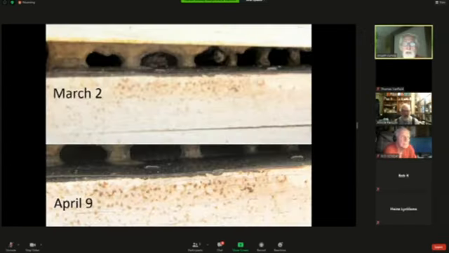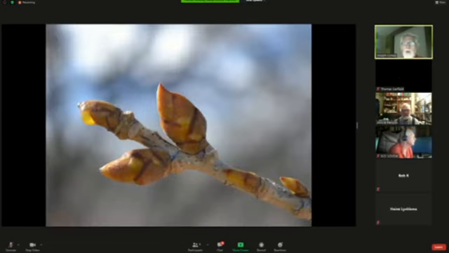So here you see a comparison of March 2nd and April 9th, where as it warms up, they're removing more of the propolis to get better ventilation and keep the hive at the same temperature without it overheating. Where do they get it from?